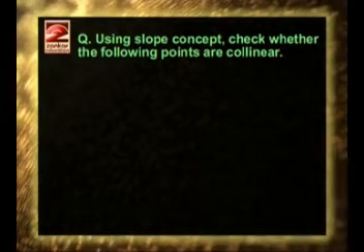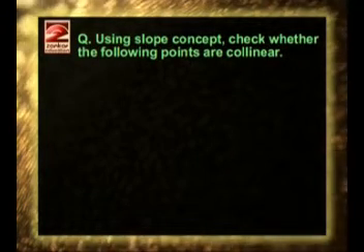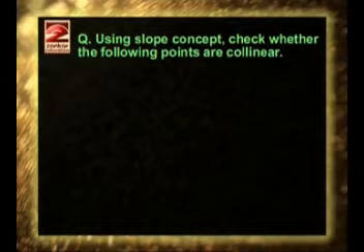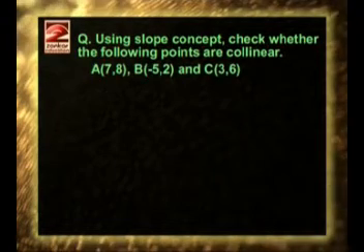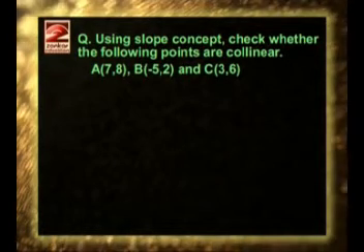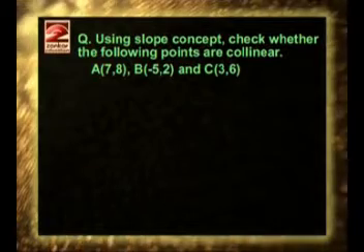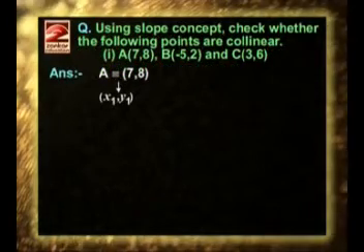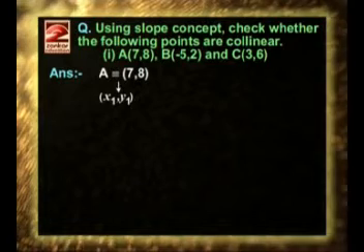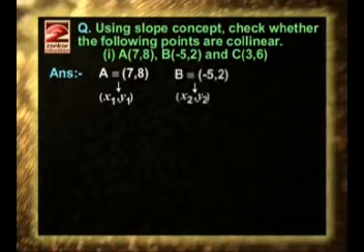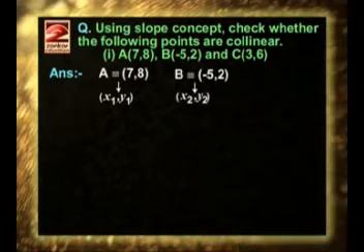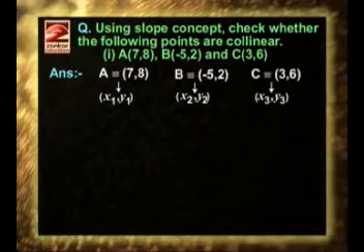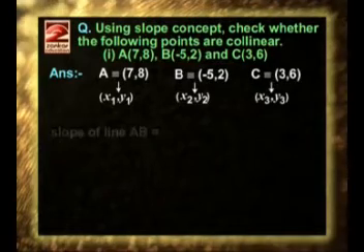Now the question. Using the slope concept, check whether the following points are collinear or not. The points are A (7, 8), B (minus 5, 2) and C (3, 6). So let A (7, 8) be (x1, y1), B (minus 5, 2) be (x2, y2) and C (3, 6) be (x3, y3).